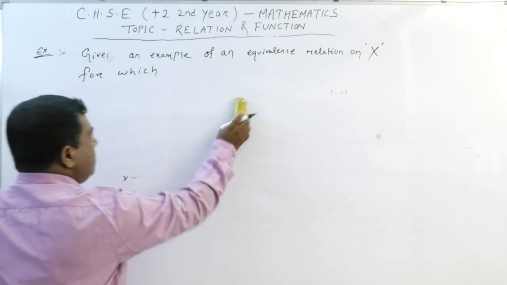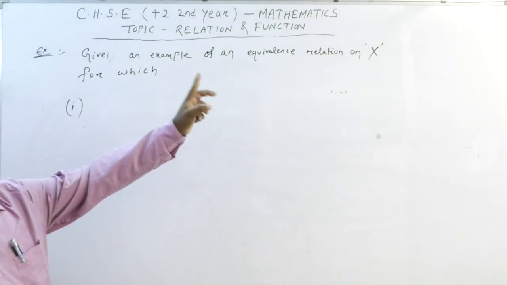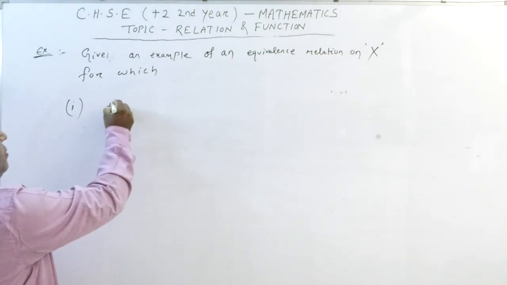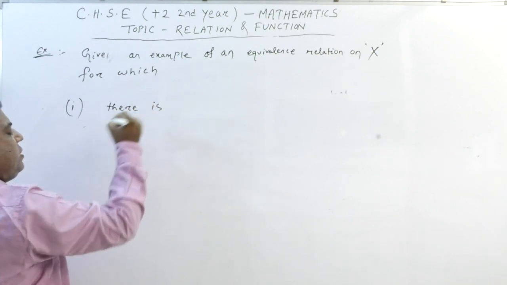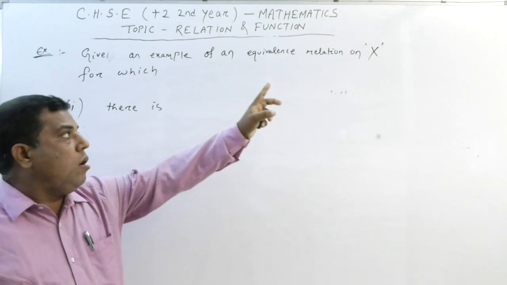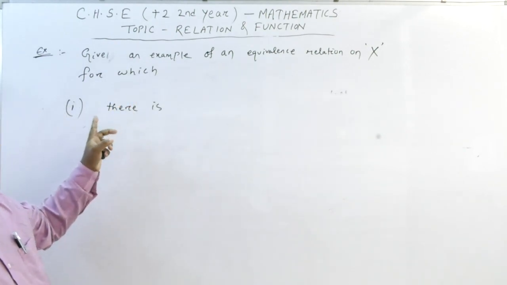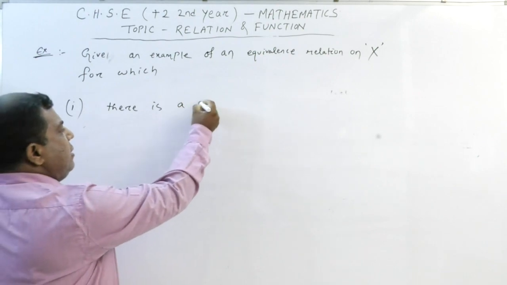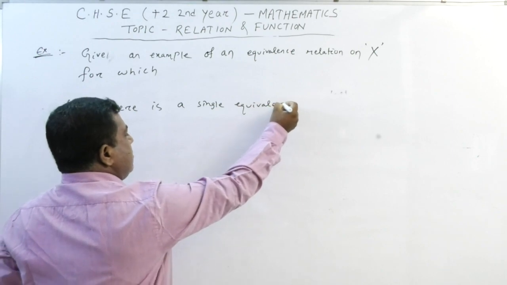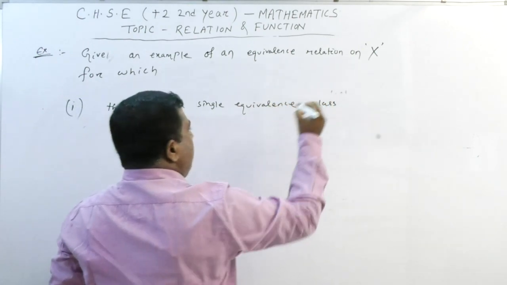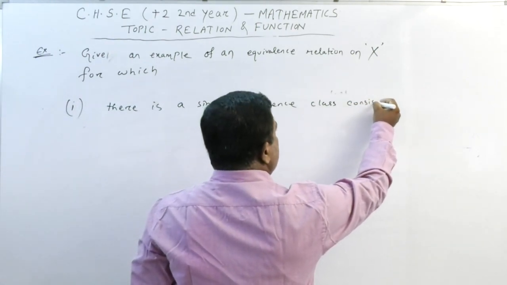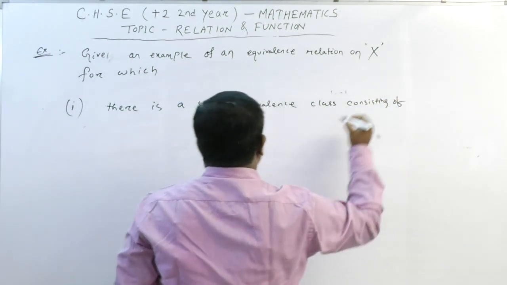The question is, give an example of an equivalence relation on X. So what do we have to do? We have to find an equivalence relation on X for which there is a single equivalence class consisting of two elements.